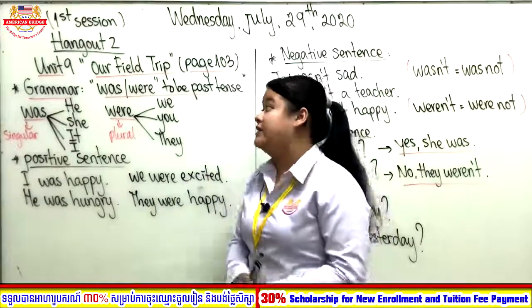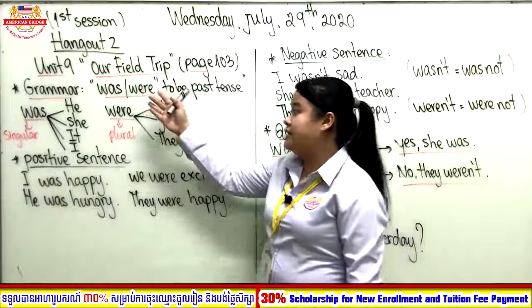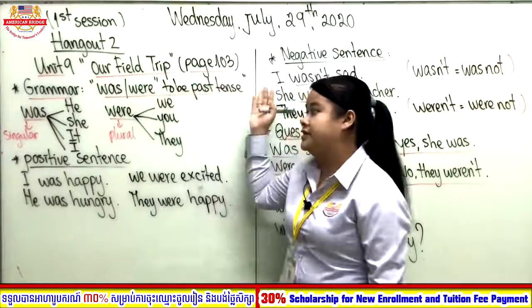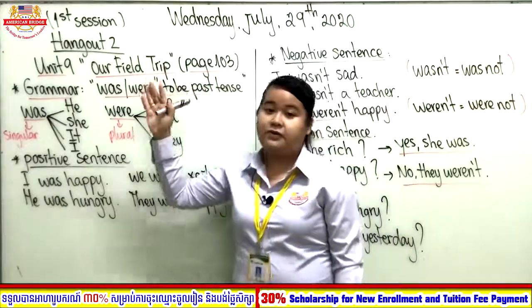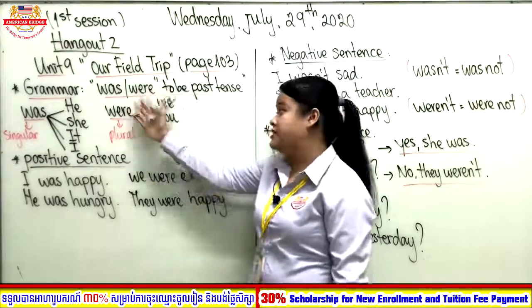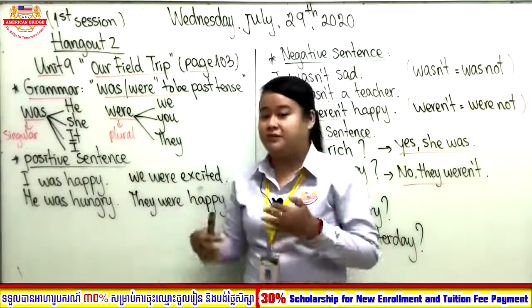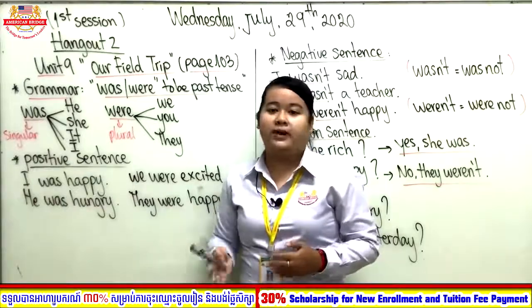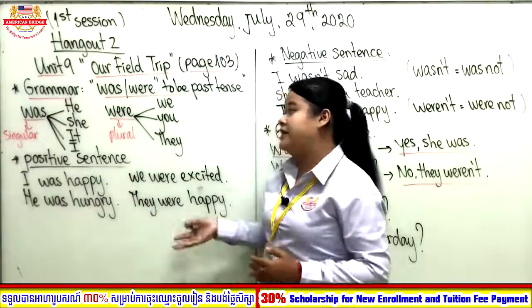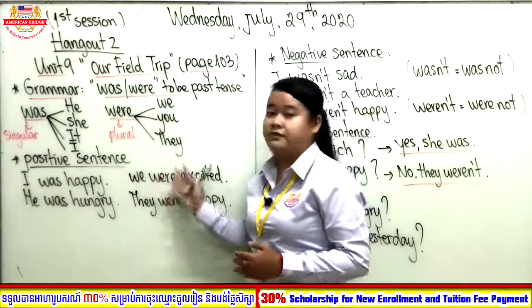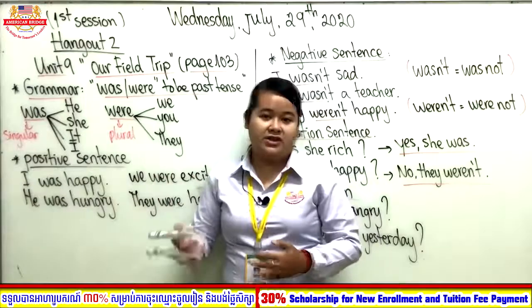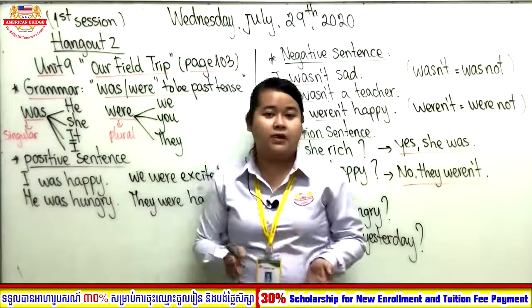Today our unit 9 is about our field trip, on page 103. We also have grammar about was and were. As you know already, was we use with singular and were we use with plural, right? This is the way you need to use was and were to make the questions on page 103.